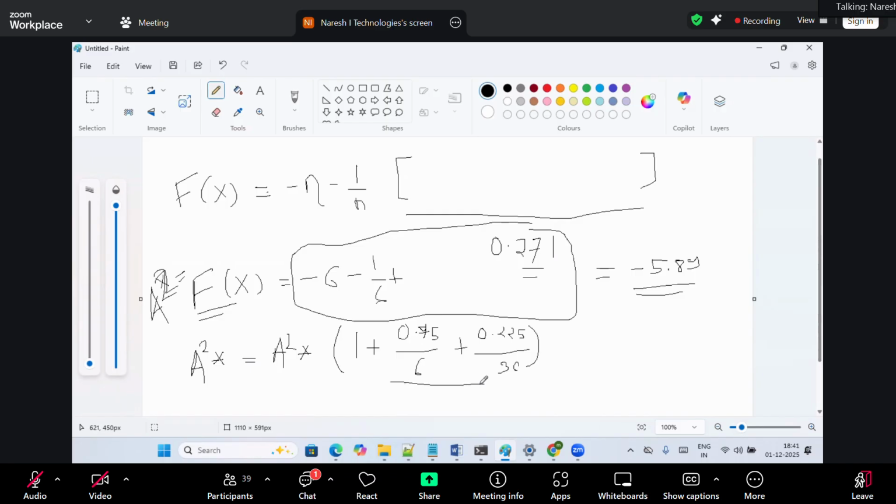Now you calculate this value and multiply with minus 5.89. Correct? Whatever value you get here, you compare with your critical values, and on that basis we decide whether we accept the null hypothesis or reject the null hypothesis. Understood?